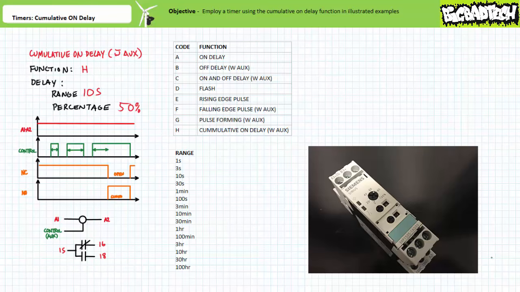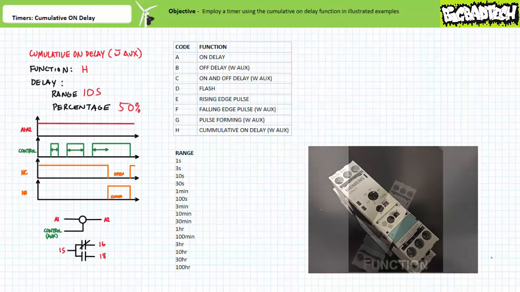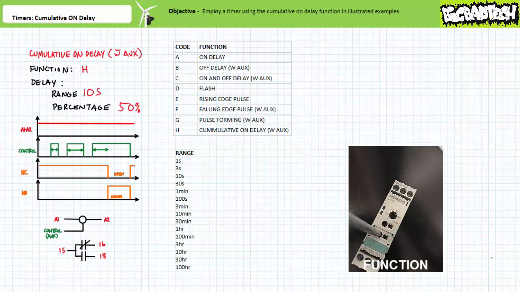If the coil ever loses power, the accumulator would be reset to 0. This particular timer can perform 8 different functions, A through H. To set this particular multifunction timer to perform the cumulative on-delay function using a period of 5 seconds, a technician would rotate the function selector to function H, the cumulative on-delay function with auxiliary, as illustrated in the table.